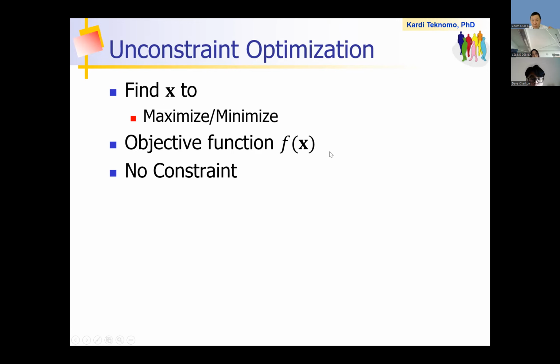You have the function and the output you want to maximize or minimize, and you want to find the input. You remember, optimization is an inverse problem. You want to find the input knowing the output.